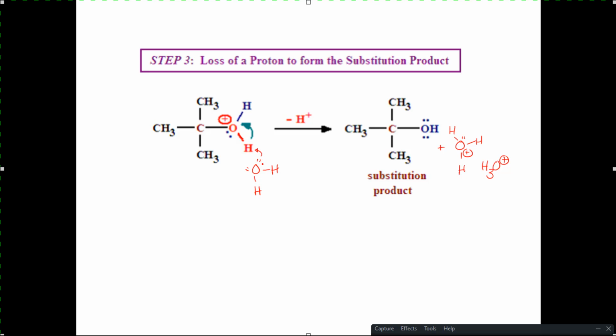Now, this is the way textbooks write it, and this is the full mechanism way of doing this. But I don't want to leave you with a false impression here. The false impression would be that the water comes in here and rips the hydrogen off. No, the water is not that strong a base. Instead, think of it this way.